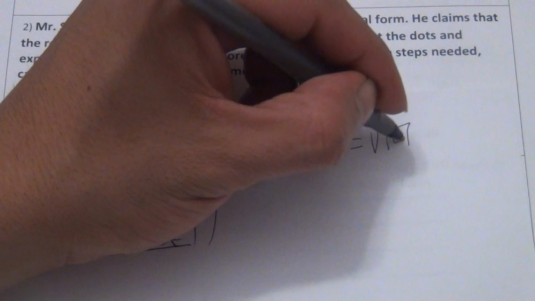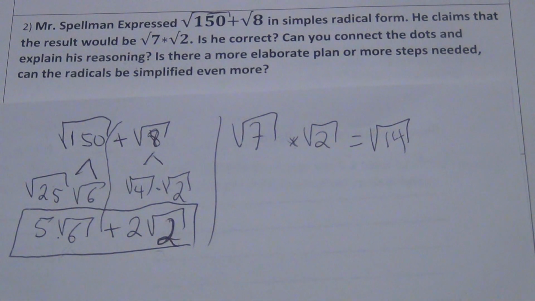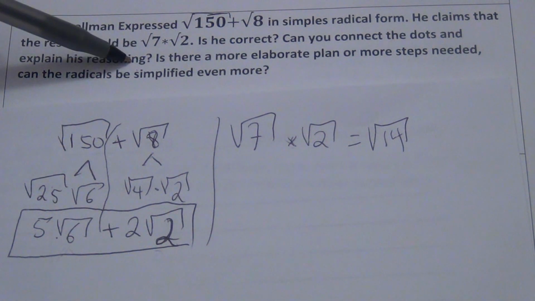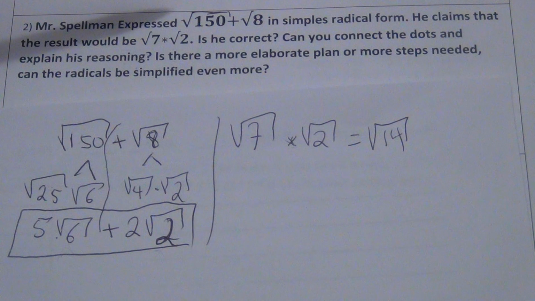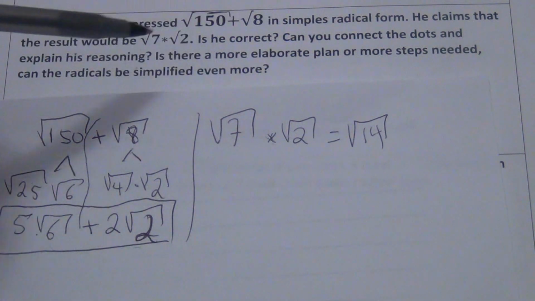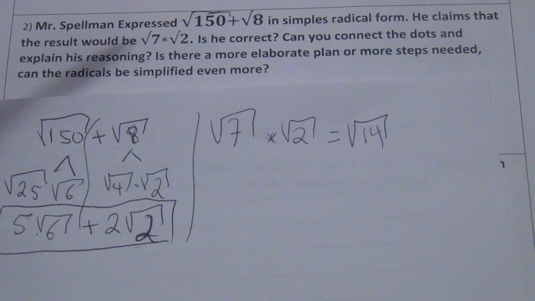Well, radical 7 times radical 2 is radical 14, right? So, is he correct? Can you connect the dots? Explain his reasoning. I cannot explain his reasoning. How can this be? What can he be thinking about?